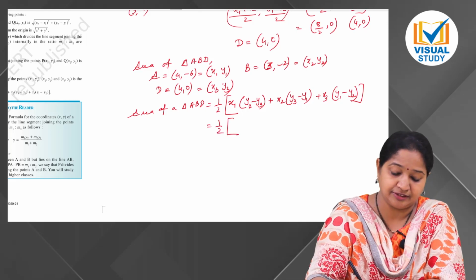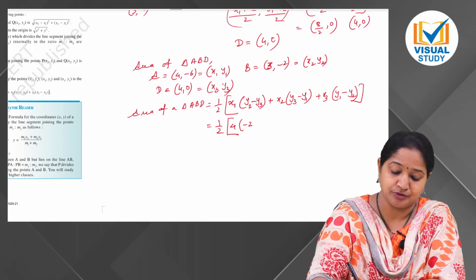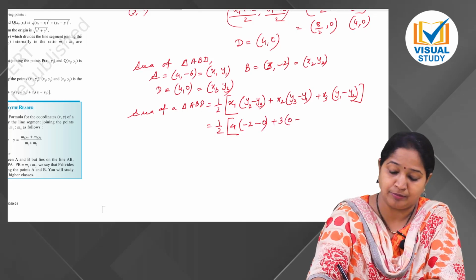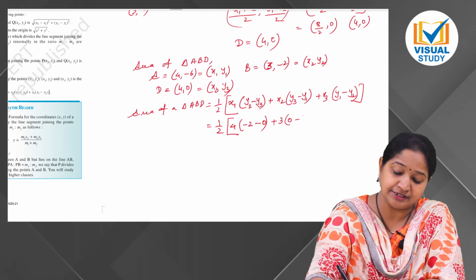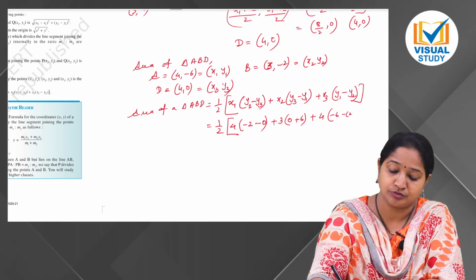Half, x1 is 4, y2 is -2 minus y3 is 0, x2 is 3, y3 is 0 minus of minus 6, so it becomes 6, x3 is 4, y1 minus y2, that is -6 minus of minus 2.